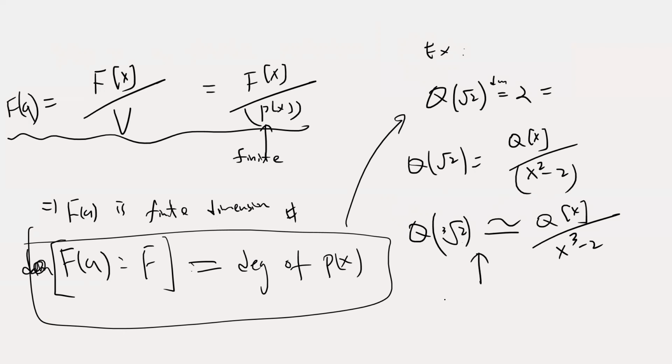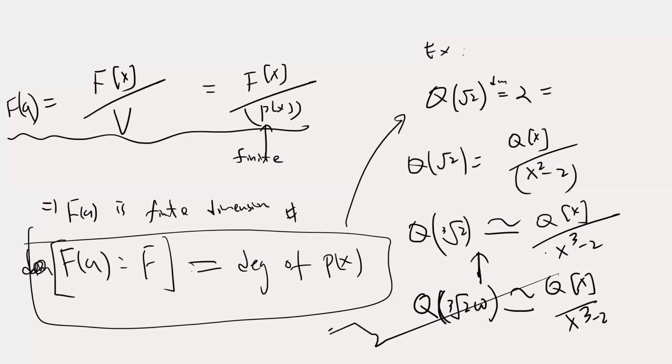The tricky part is that if you start from other roots of this polynomial, for example, you start from the cube root of 2 times omega, where omega is minus 1 plus the square root of 3 i, divided by 2. This field will still be isomorphic to the previous one, right? So they are the same field abstractly, but if you embed those two in the complex numbers, they are not the same.